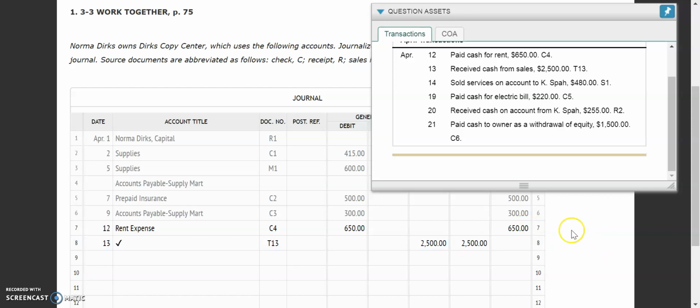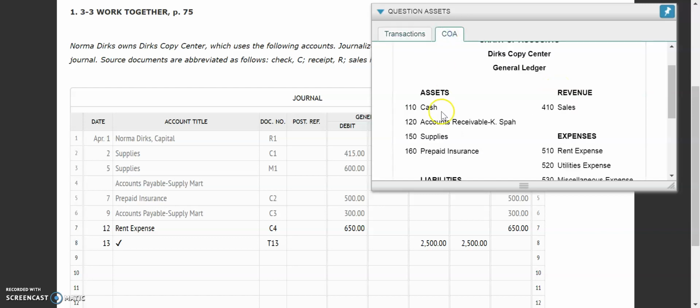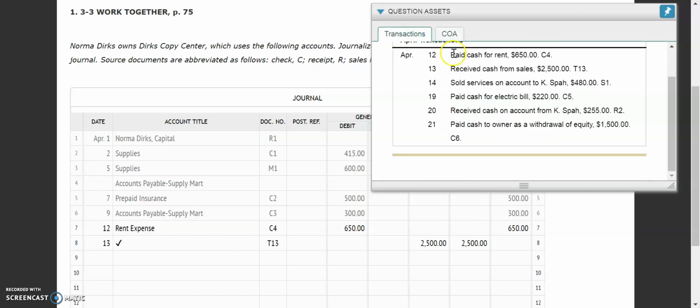On the 14th of April, we sold services on account to K-Spa. So remember, at this point, what's happening is K-Spa bought something from us but did not pay for it. So what's happening is our sales is going up with a credit, and our accounts receivable is going up with a debit. Remember that accounts receivable for K-Spa means that those individuals owe us money, they just haven't paid us yet.